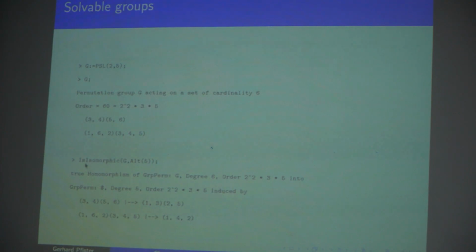So that's all done by computer algebra. Of course, you could do it by hand, but it's just to see what is possible.